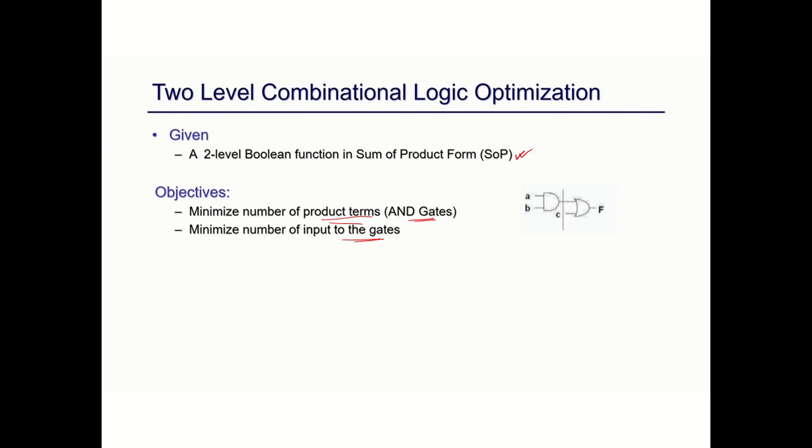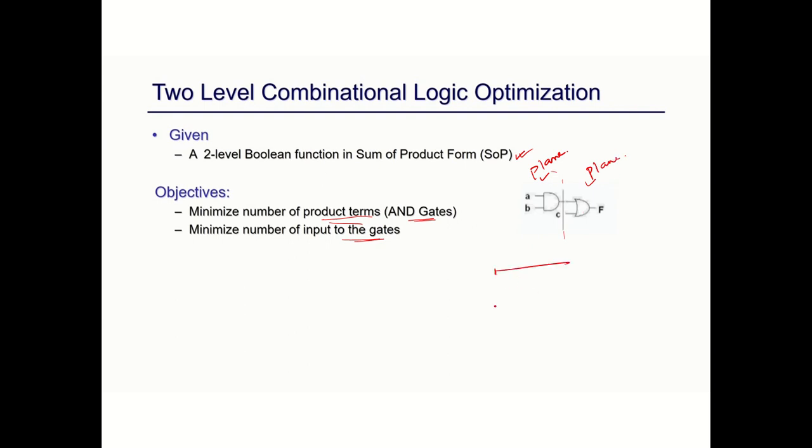Automatically the primary requirement of the circuit, the minimum size to represent any function, will be fulfilled. This is exactly the two level logic. Here you can check, we have the AND gates and the OR gate. This is one plane, and that is another plane. So two planes are defined for this.